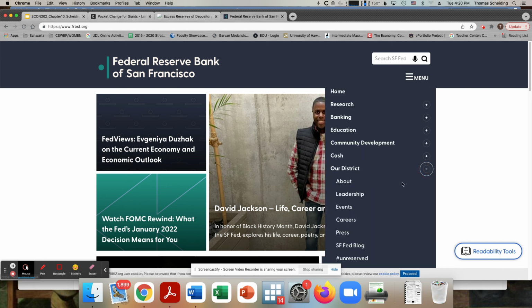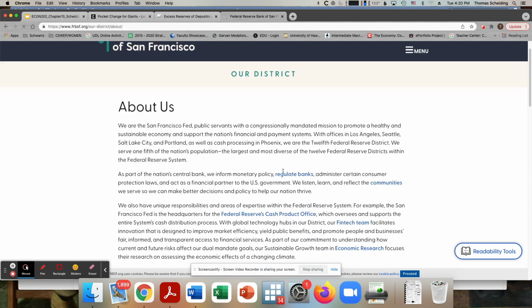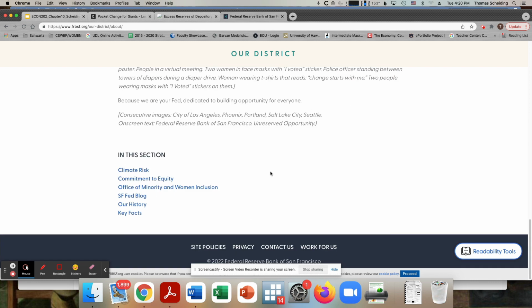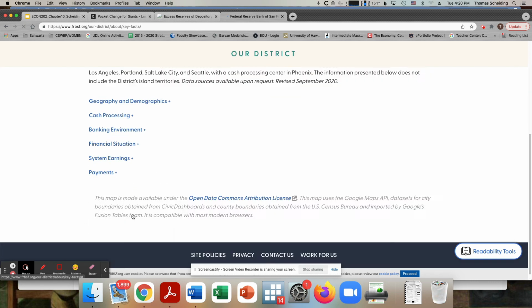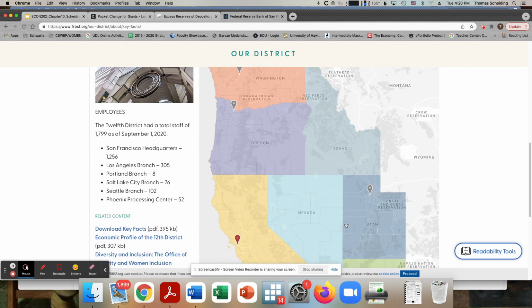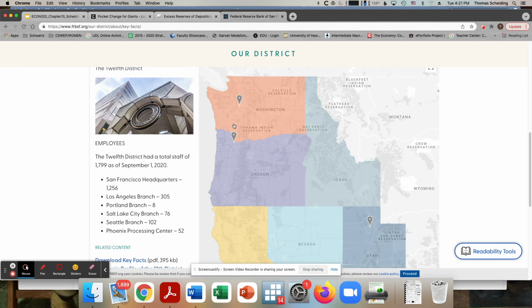And then we can see the offices again here. We do have, not one in Vegas, but we have LA, Phoenix, Utah, Portland, and Seattle. Phoenix is where they process the cash. Obviously, a lot of cash is generated in Vegas.